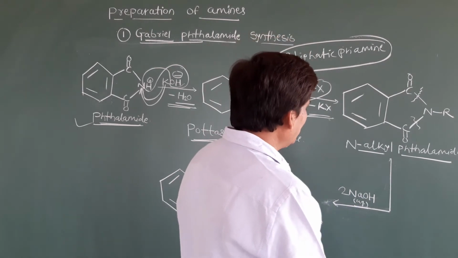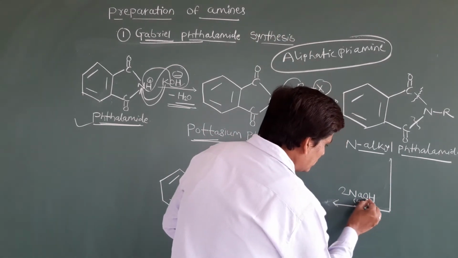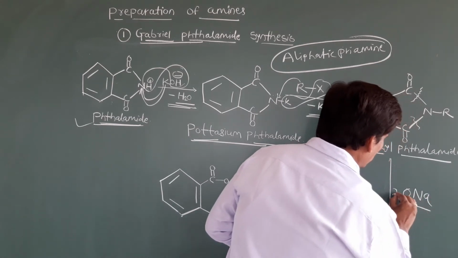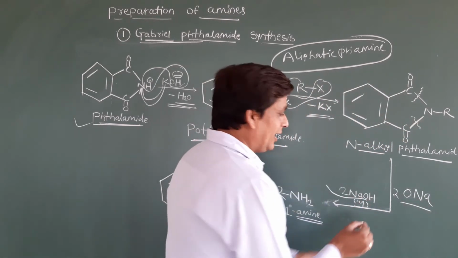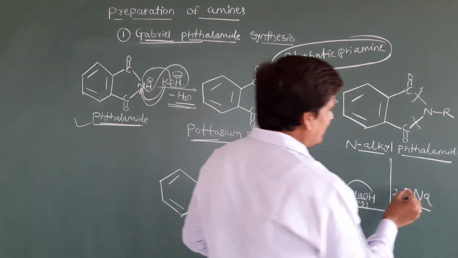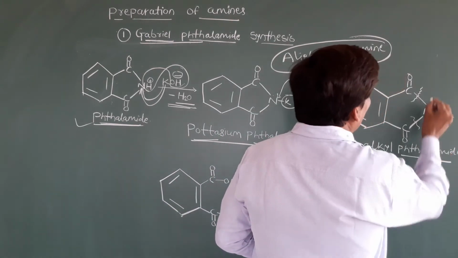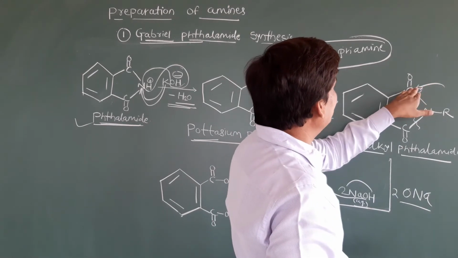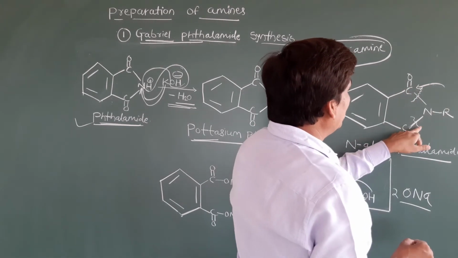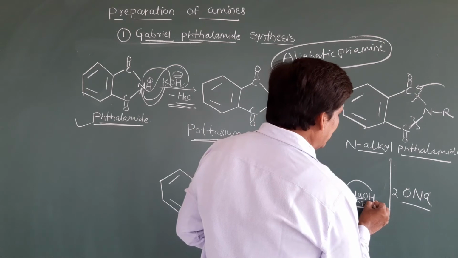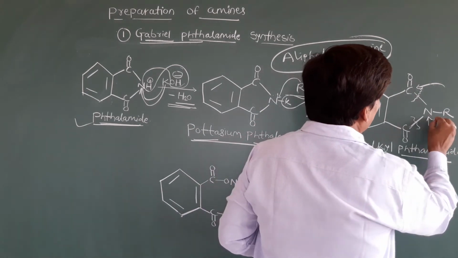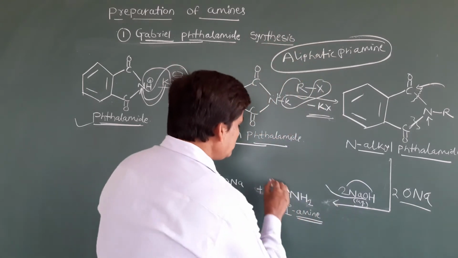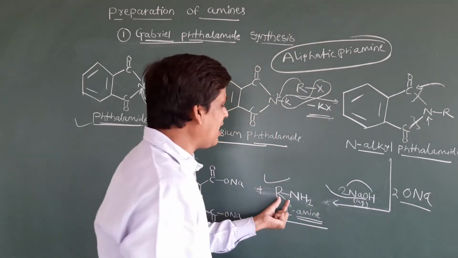So simply what happened now? This ONa group, how many ONa are there? 2 times. These 2 ONa and hydrogen 2H. So one ONa group is attached to this carbonyl carbon, the bond will break, and here also one ONa group will attach, and the remaining 2 hydrogens are going to attach to this N. So it converts into RNH2. Just see, we will get a primary amine RNH2.